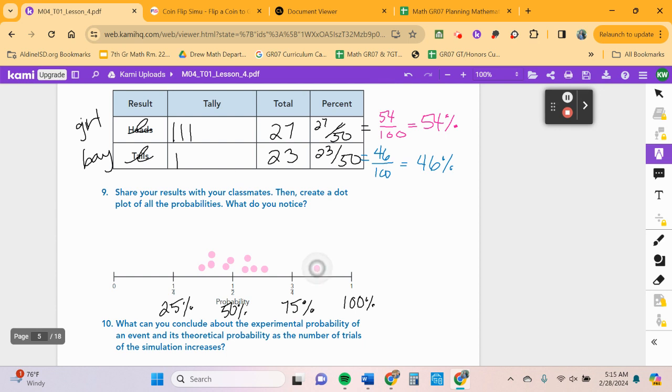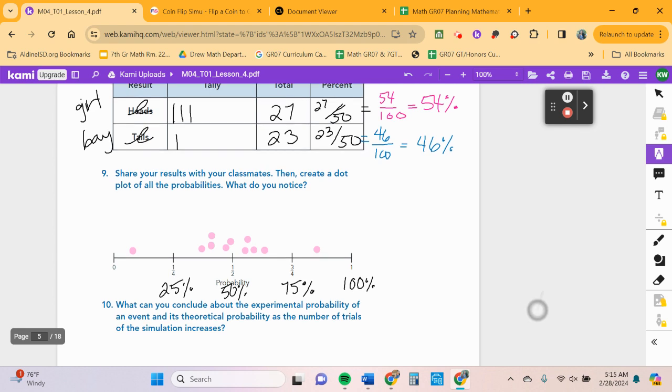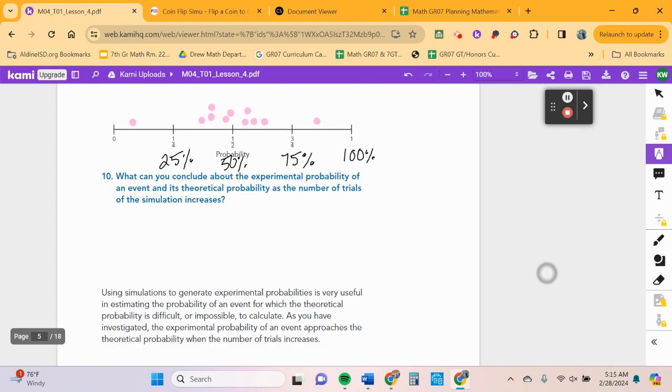You might have one outlier over here, you might have one outlier over here, but the majority would go right around the center. And you will know exactly why in about a second.